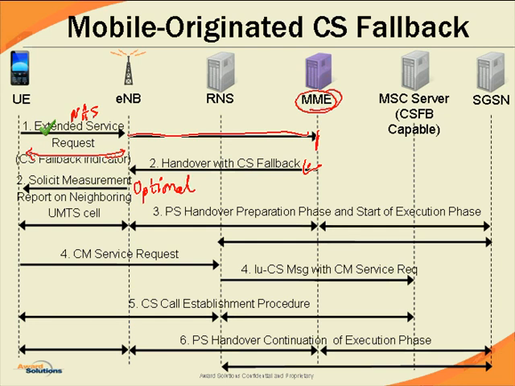it will optionally ask UE to make measurements of target technology. So if we are going, let's say, from LTE to UMTS or GSM, then we can ask UE to make measurements of UMTS, GSM, etc. And the reason for that is you can pick a better cell, better sector for UE to do the call origination.